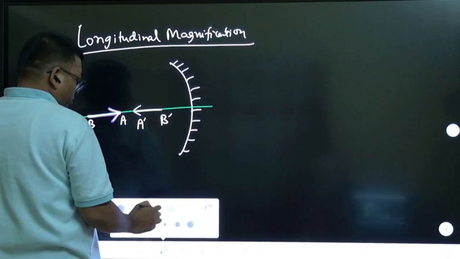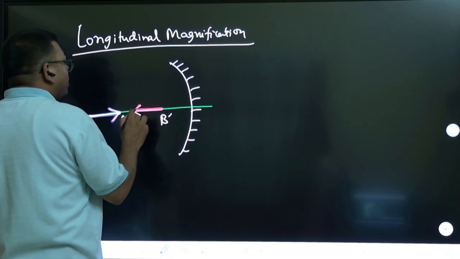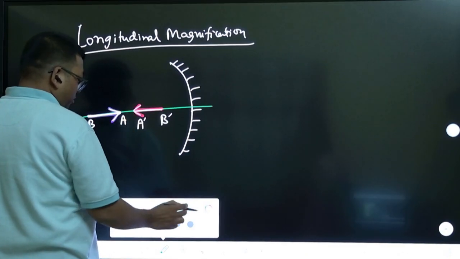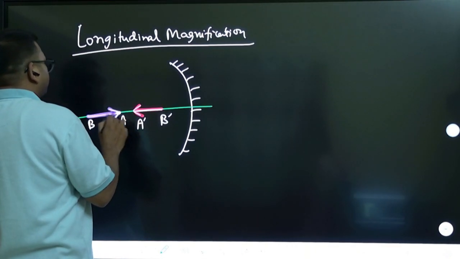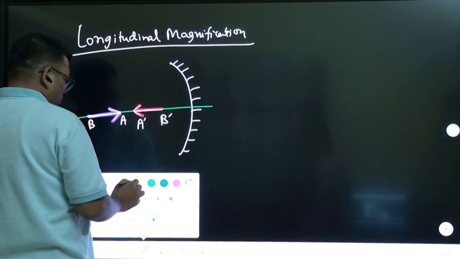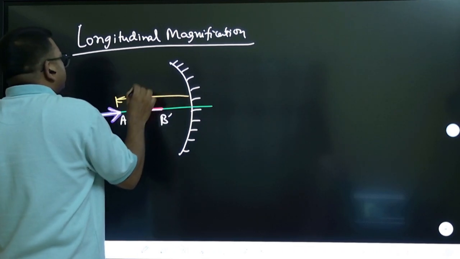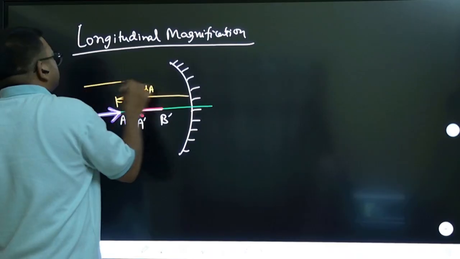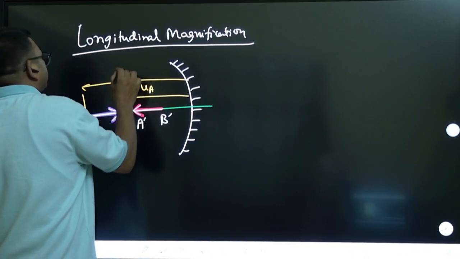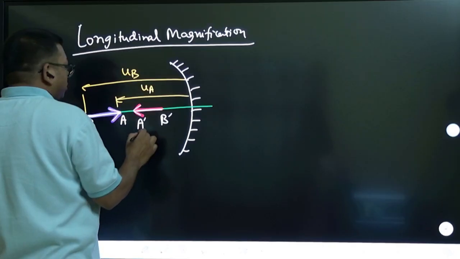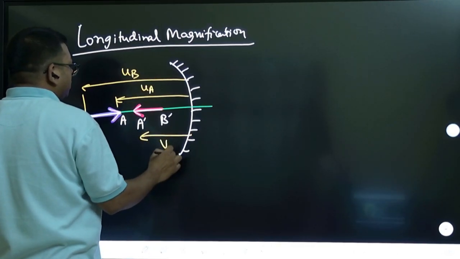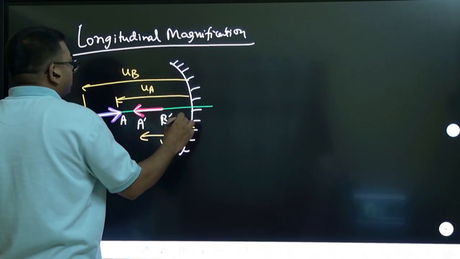So when the image is formed, it will be like this, and the object is like this. Here you can calculate: this is the distance of A, which is UA, and this is the distance of B, which is UB. Based on UA you can calculate VA, and then VB you can calculate.